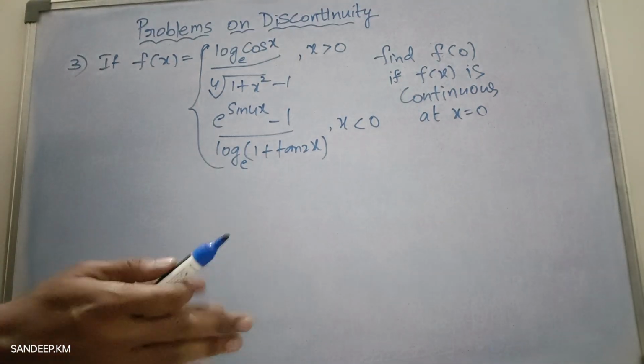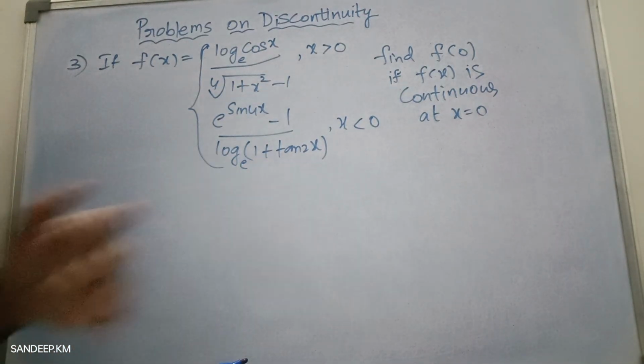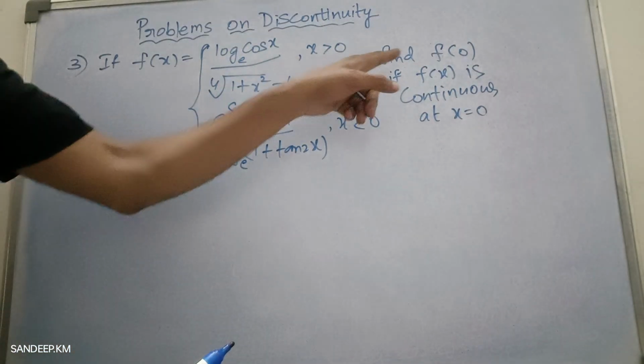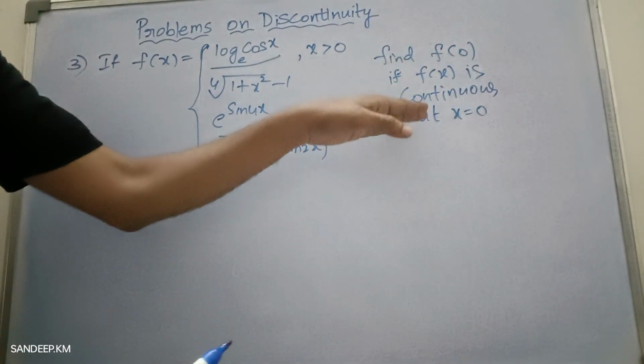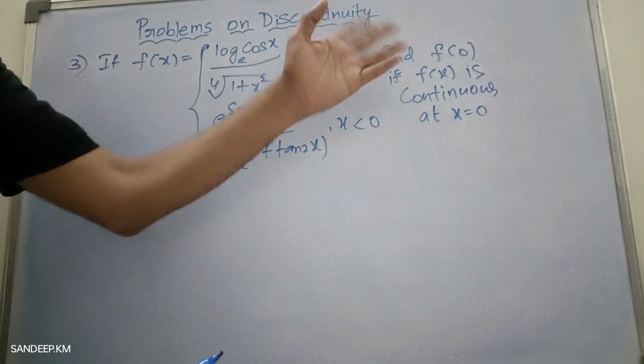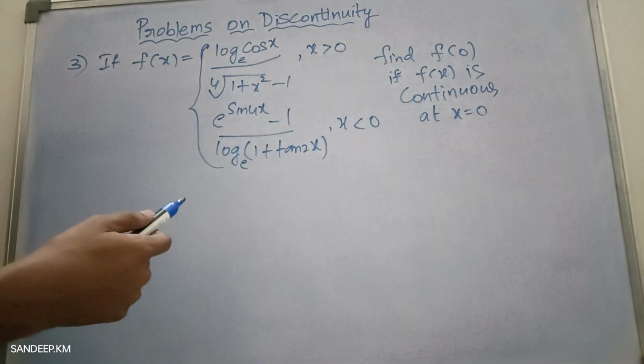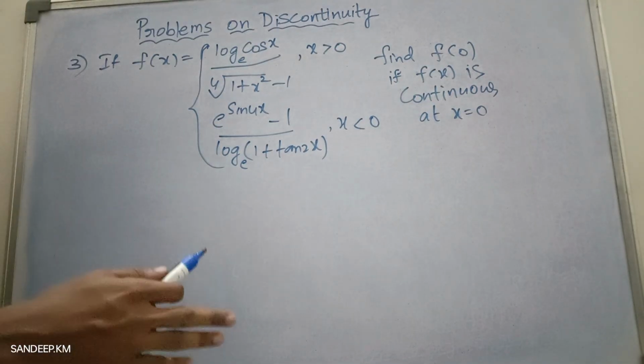See, do not misunderstand. Don't think that they had said that the function is continuous at x is equal to 0. They told us to find the value of f of 0 if f of x is continuous. If not, we will write that f of x is not defined, or f of 0 does not exist.